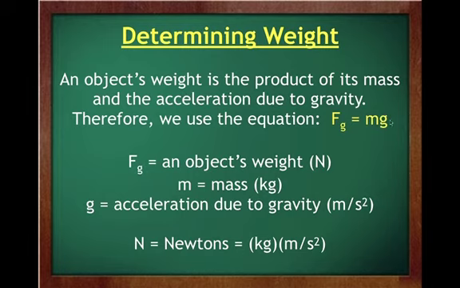Okay, g is our acceleration due to gravity. On Earth, that's 9.81 meters per second squared, so you'll see this as an acceleration with units of meters per second squared. What you get when you multiply those two together is kilograms times meters per second squared, but that's actually been defined as a Newton. A Newton is defined as how much force it takes to accelerate a kilogram of mass by 1 meter per second squared.